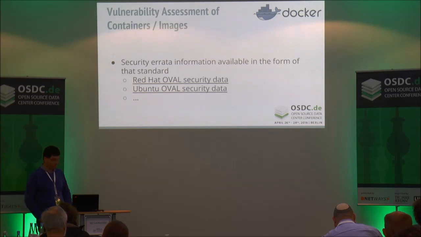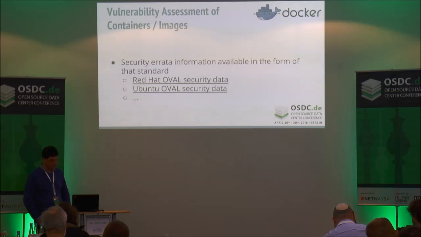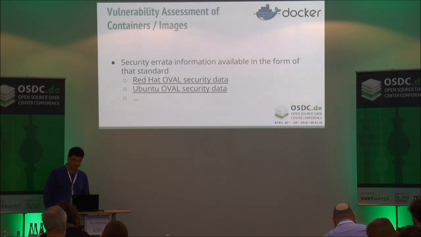To mention some of these, I will provide links so you can see the concrete locations. But just to mention the two main ones, it's Red Hat and Ubuntu, but there are more of them.